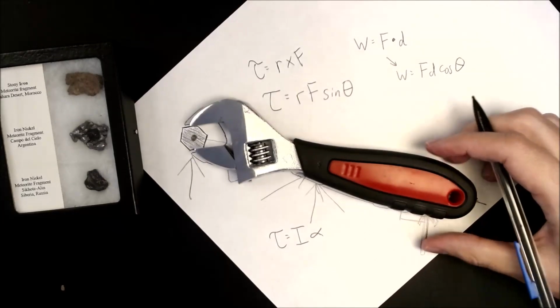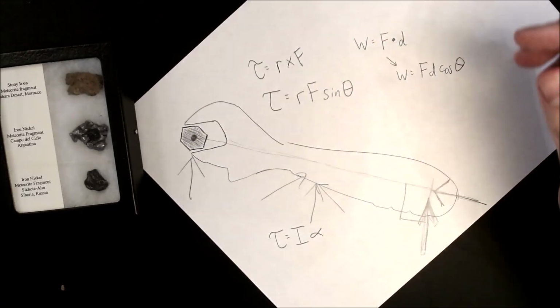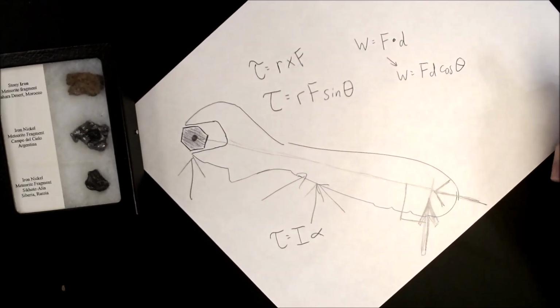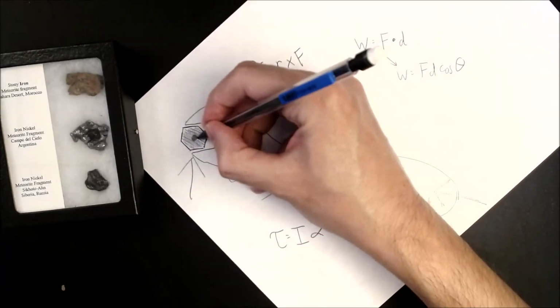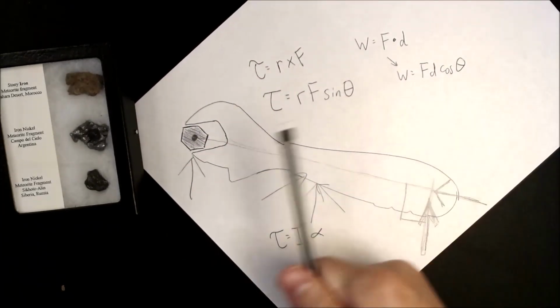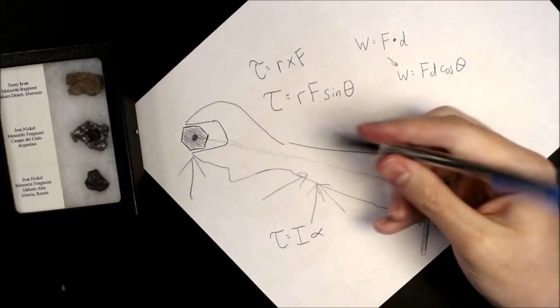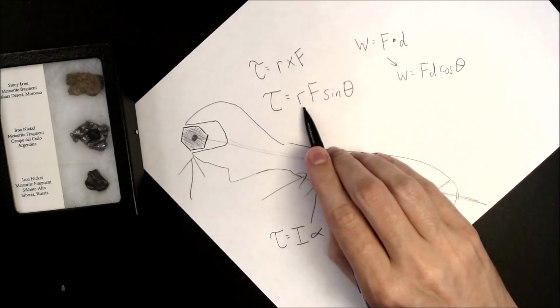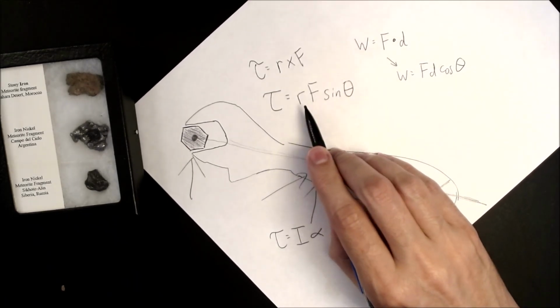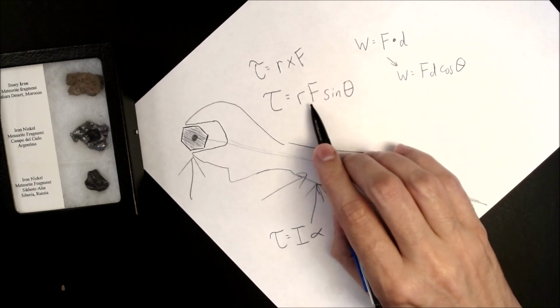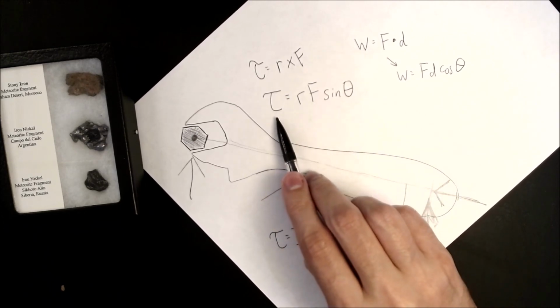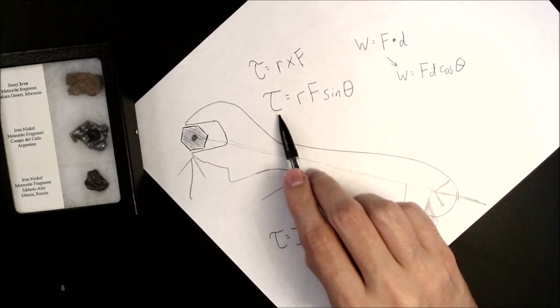You know, it's a real object, so we do have to think about that a little bit in these examples. But mathematically, you just want to have the greatest distance from the center of rotation possible. You want your R to be very, very large. A large R will contribute to a large torque right off the bat.